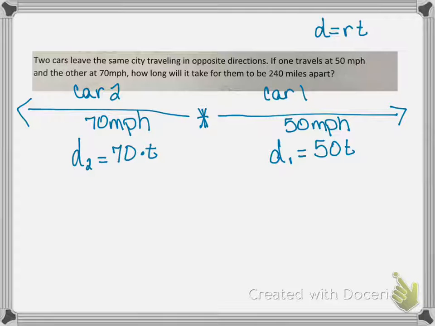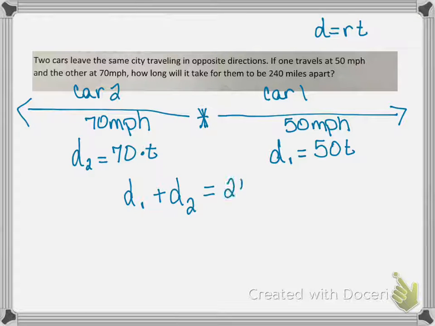Okay? Now, the distance that the first car traveled plus the distance that the second car traveled, are we told the total distance between the 2 cars? What is it? 240.